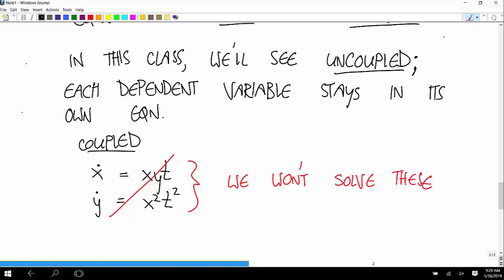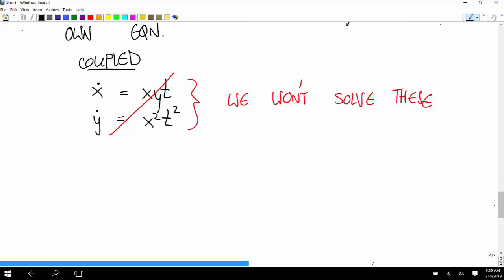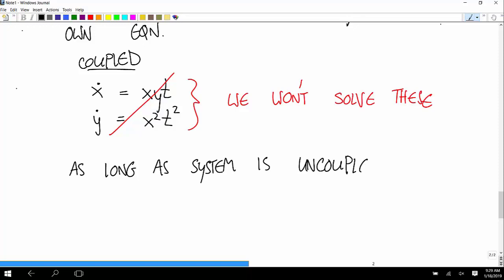If they're uncoupled, they stay in their own equations. Then you just solve those as two separate differential equations. They each have their own boundary conditions. Okay, and so it's a system, but to you, it's just two differential equations problems.